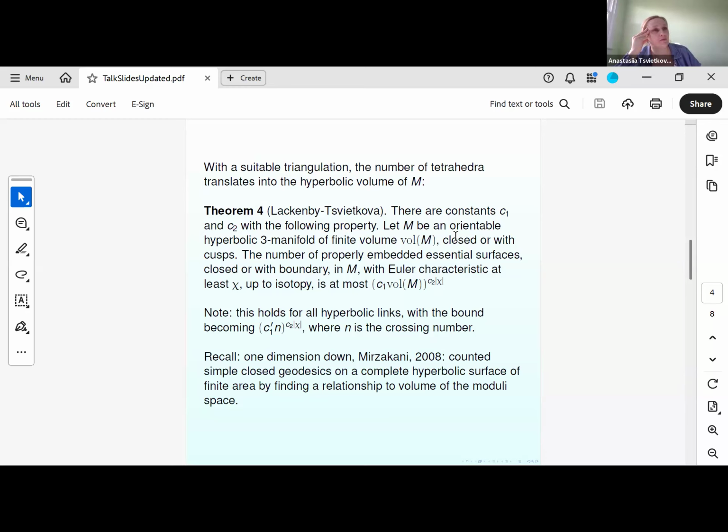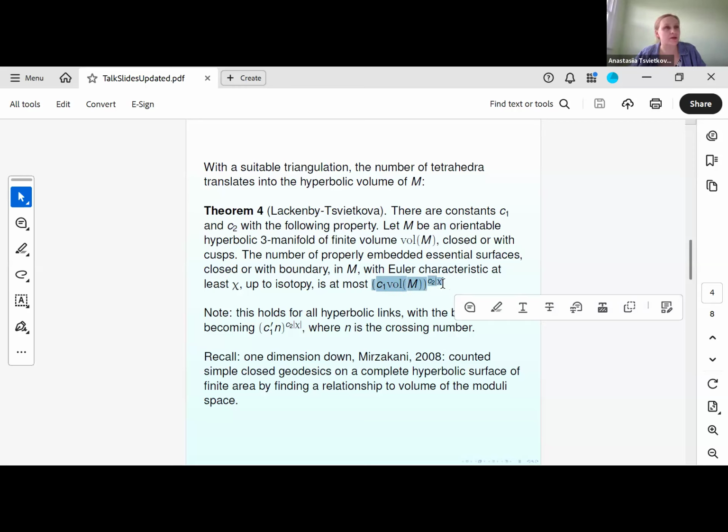If you have an orientable hyperbolic three-manifold with finite volume, closed or with cusps, then the number of properly embedded essential surfaces, closed or with boundary in this manifold, with Euler characteristic at least chi, up to isotopy, is at most C1 multiplied by volume to the power C2 multiplied by Euler characteristic. And this is polynomial in volume.